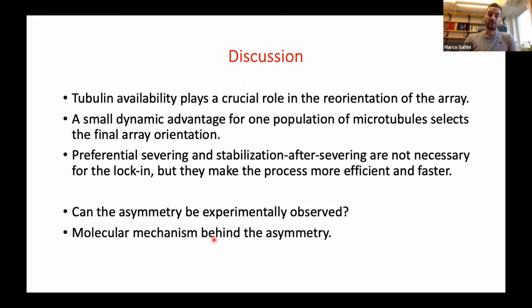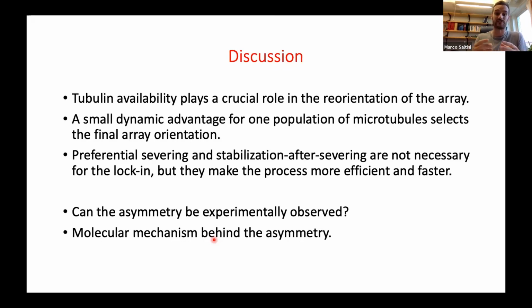Because honestly speaking, what we know at the moment is that, for example, for cells which have pretty much a cylindrical shape, like the cells close to the elongation part of the root, microtubules tend to align in the transverse direction rather than in the longitudinal direction because of stress.